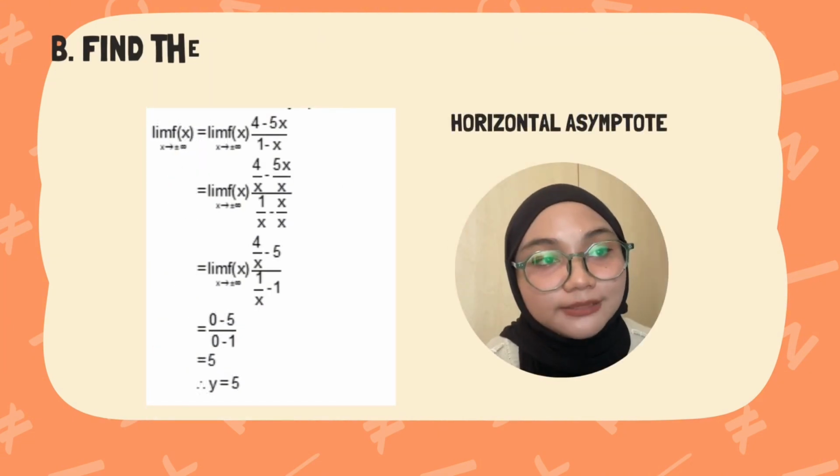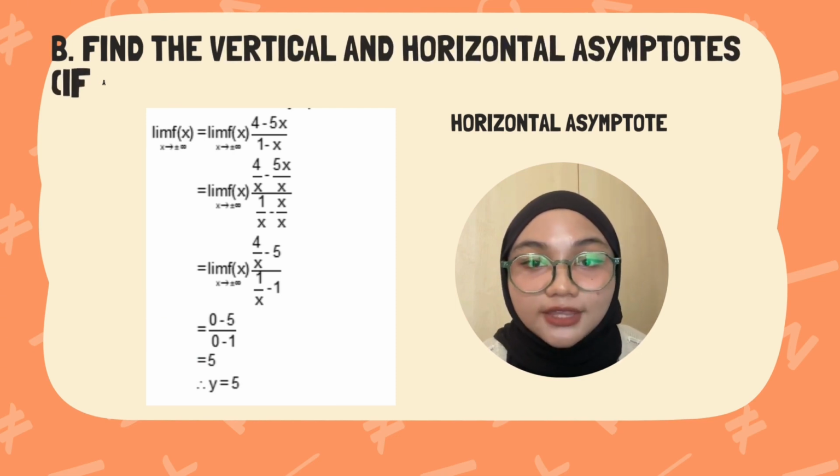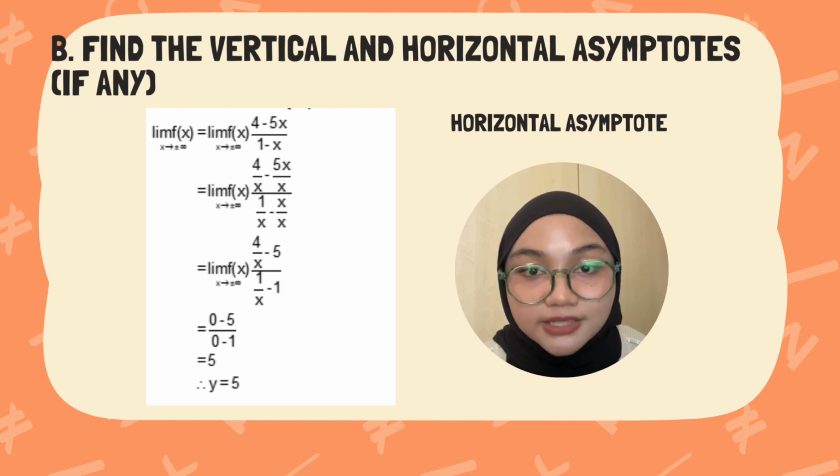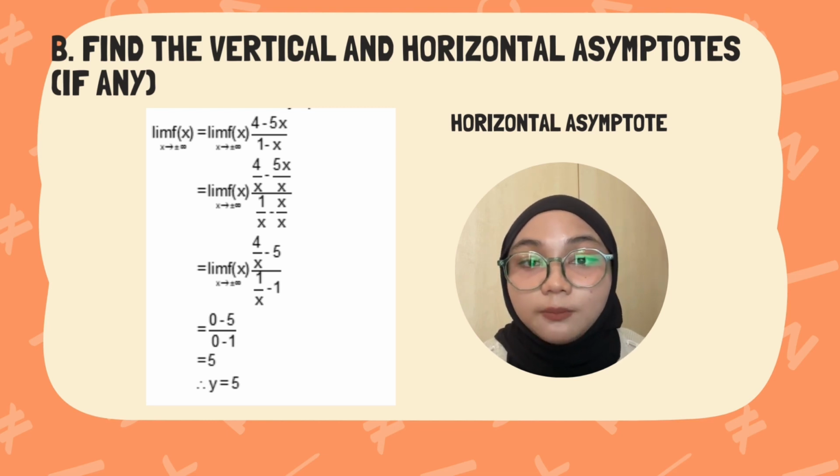For the horizontal asymptote, the limit of f(x) as x approaches positive or negative infinity equals the limit as x approaches positive or negative infinity of (4 minus 5x) over (1 minus x). And then we need to divide the equation by the highest power of x from the denominator.